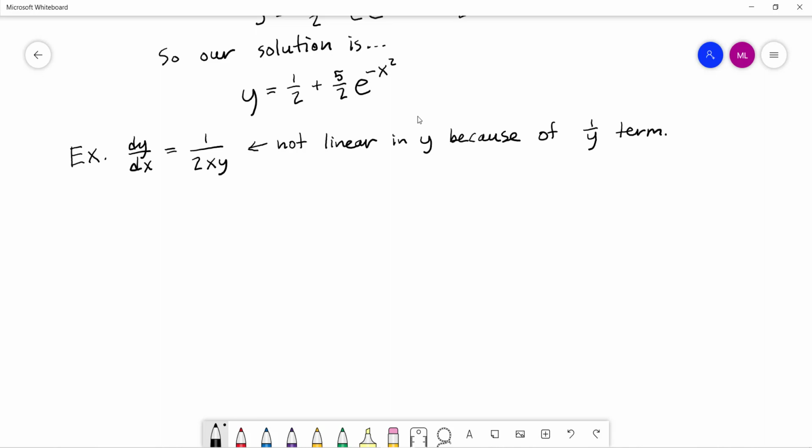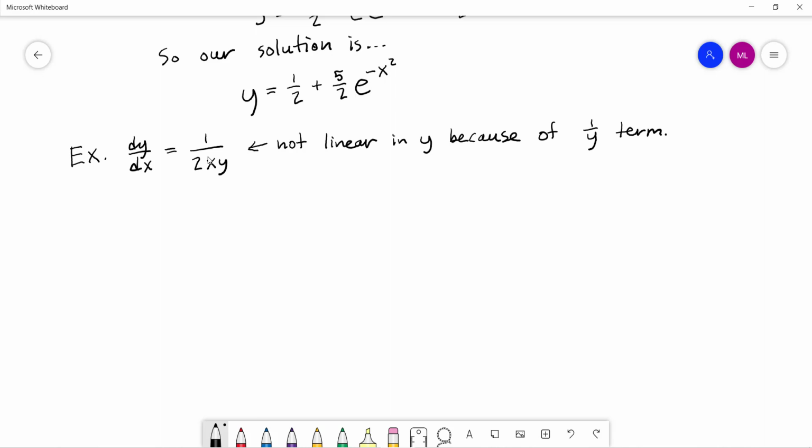Okay. However, what if instead of considering this problem, what if we consider the reciprocal? And what if instead of thinking of y as a function of x, we think of x as a function of y? There's nothing mathematically that disallows us from doing that. It's just a convention that we normally think of x as the independent variable, the input, and y as the dependent variable, the output.